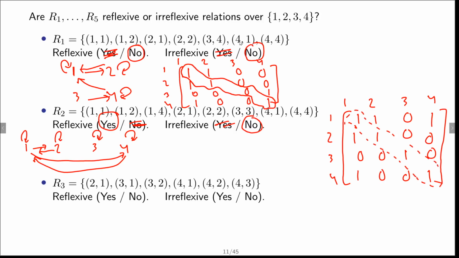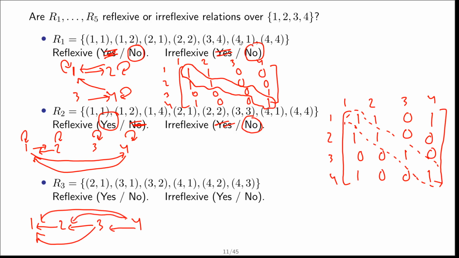Now how about the last one here? Well, you draw them: 3, 4, 2 to 1, 3 to 1, 3 to 2, 4 to 1, 4 to 2, and 4 to 3.